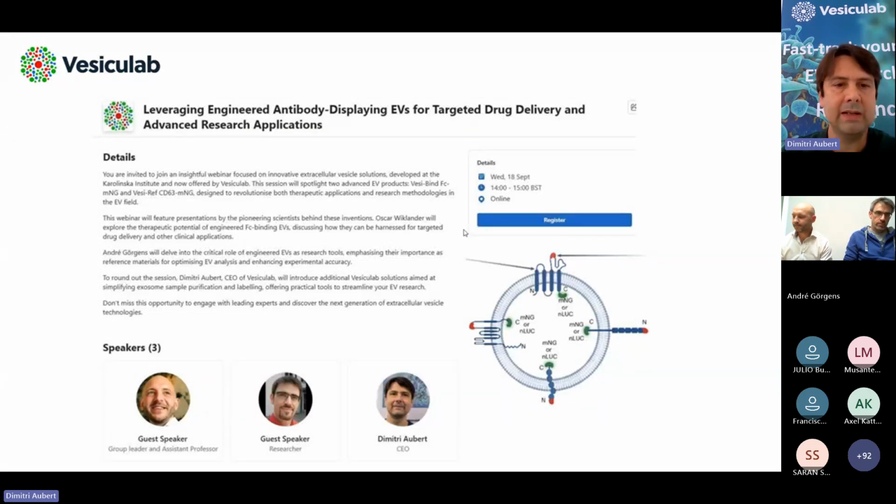It's a pleasure to have our guest speakers, Oscar Wiklander, as well as André Görgens, both working at the Karolinska Institute, and to basically discuss their work on engineering extracellular vesicles, how they can be applied to different applications, including therapeutics, as well as analytical purposes.